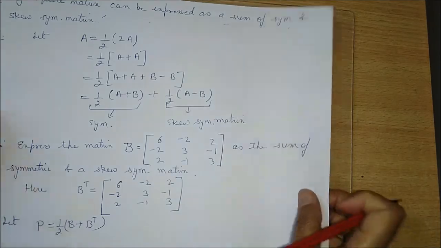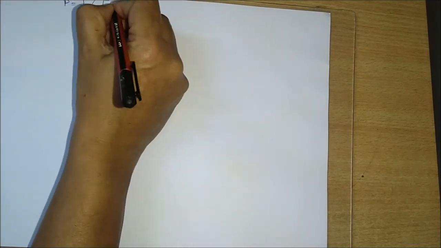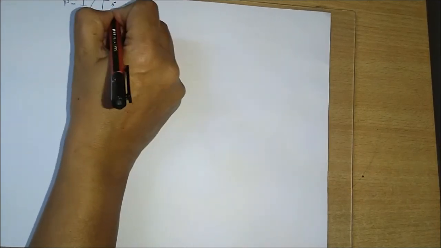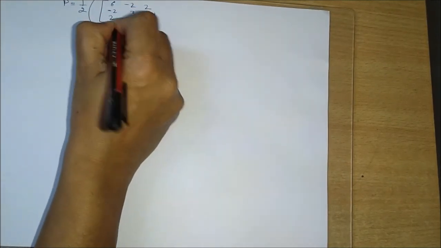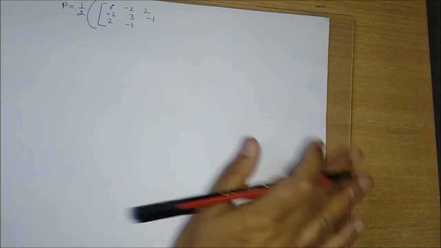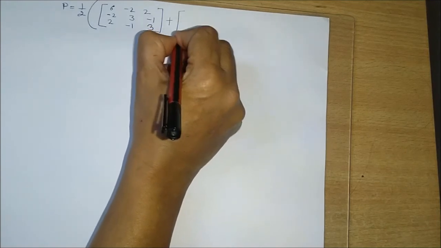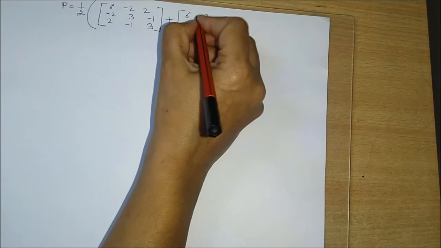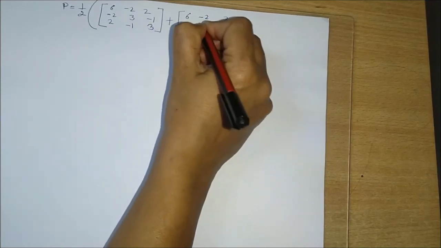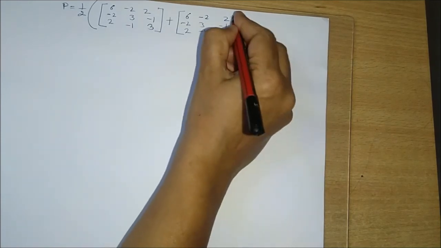That means P can be written as 1 by 2 of B matrix. B matrix is [6 -2 2; -2 3 -1; 2 -1 3] plus [6 -2 2; -2 3 -1; 2 -1 3].